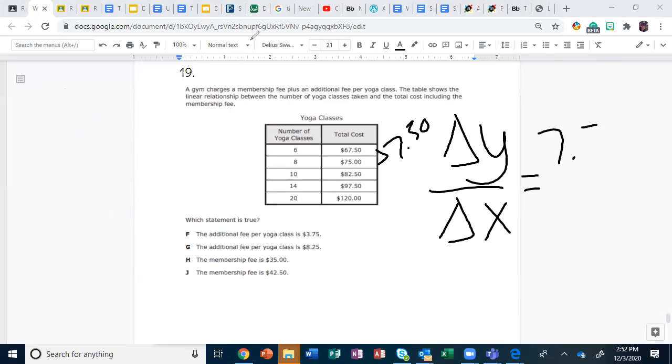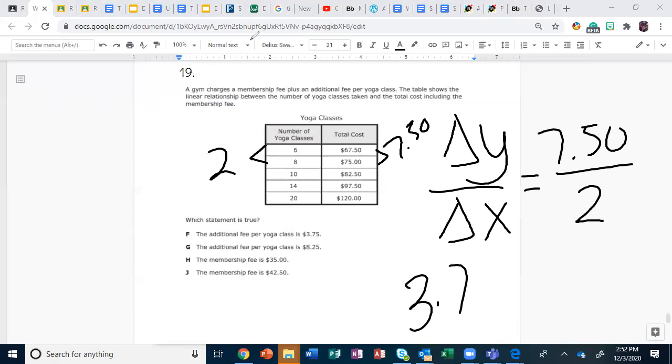So 7.50 is your delta y. Now to go from 6 to 8 is 2. So that one is easy. What is 7.50 divided by 2? 3.75. 3.75, which is F.